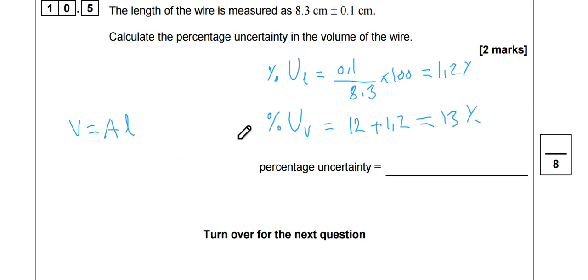So here is the uncertainty in length, and for volume it would be the 12% of the cross section plus that of length.